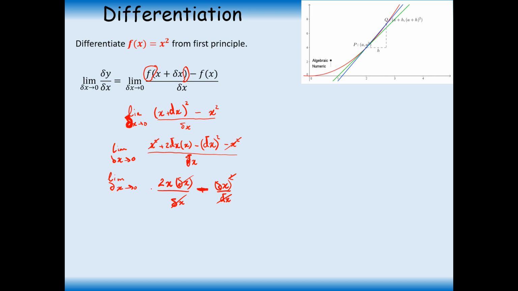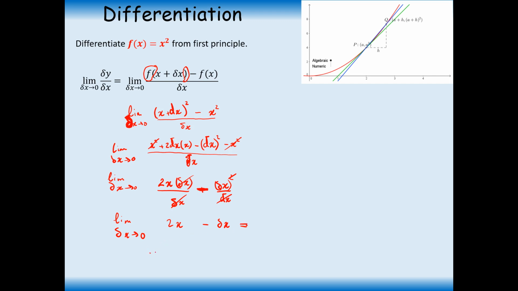So the very first term actually doesn't have any delta x left in it. So as delta x approaches 0, this 2x remains as it is, and here we will have a single delta x which will approach 0.